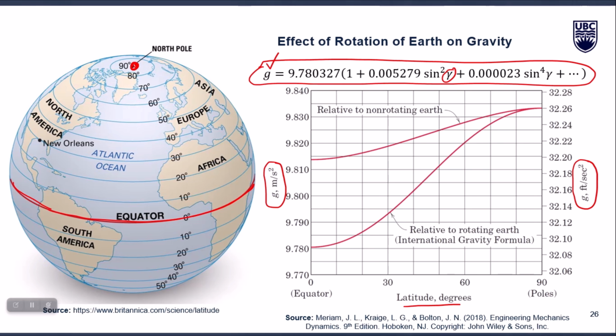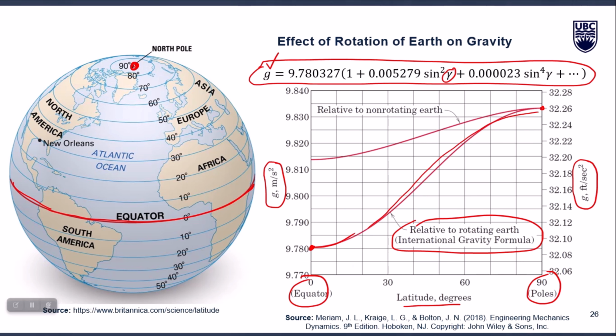If you plot that expression for all values of gamma, this latitude value from 0 degrees to 90 degrees, where 90 degrees means poles and 0 degrees means equator, you will get that red line, and that is the value of g relative to rotating Earth. This value starts from 9.78 at the equator and goes up to more than 9.83.